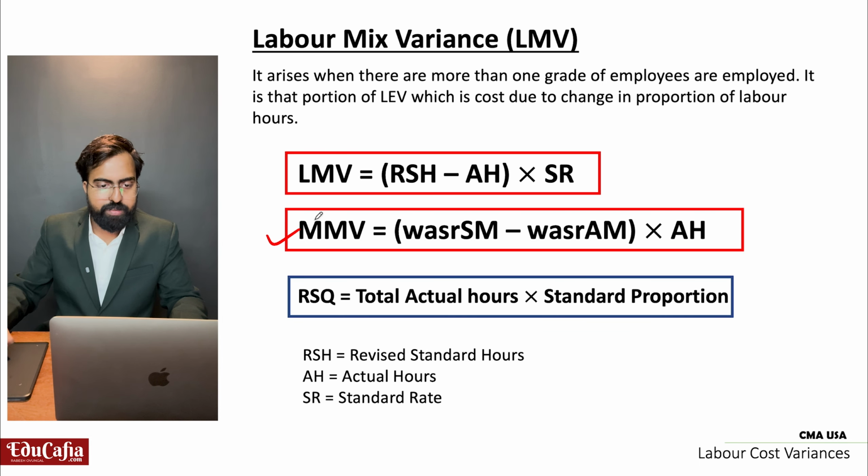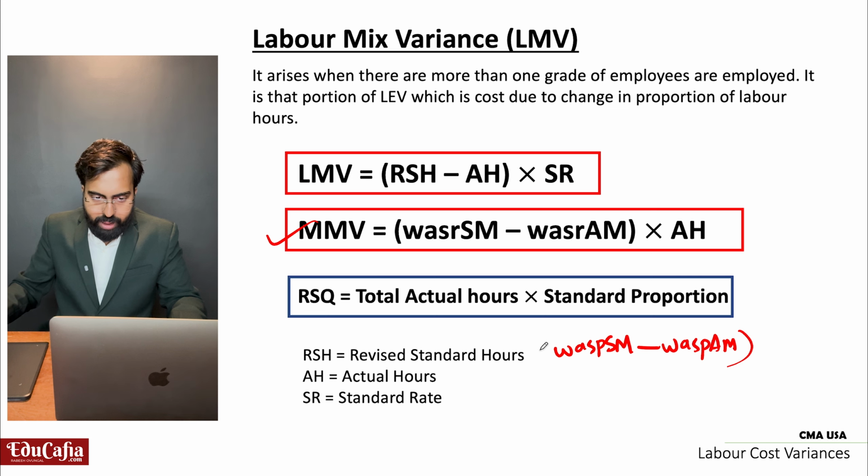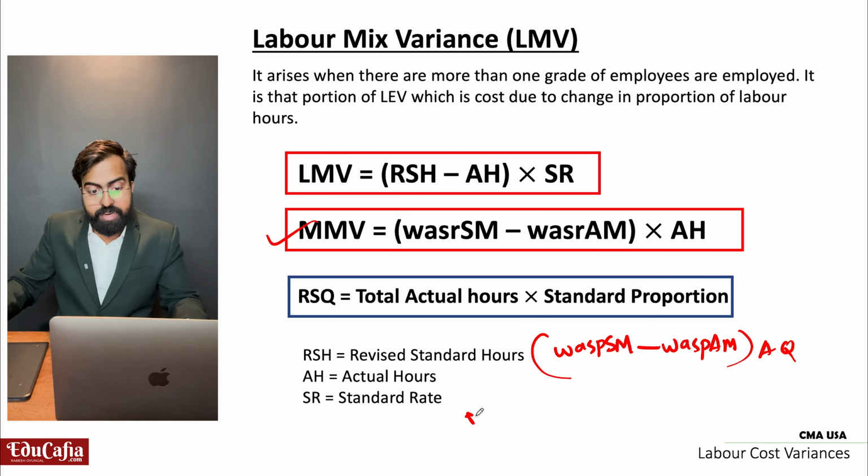Second equation, what was that? Weighted average standard price of standard mix minus weighted average standard price of actual mix into actual quantity. This was the equation in material mix variance.